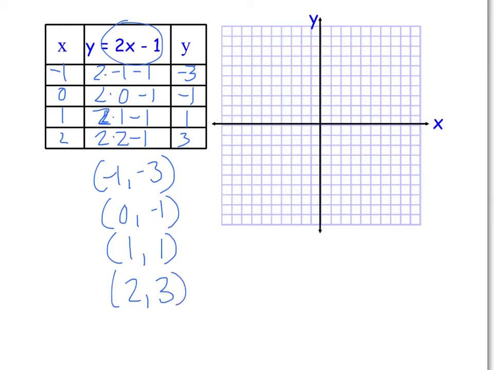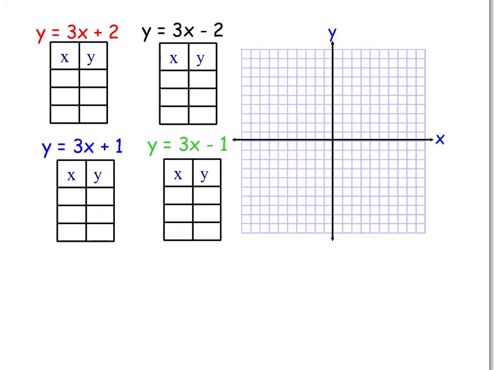So I'm going to put those on my graph. (-1, -3) is down here. (0, -1), (1, 1), and (2, 3). Okay, you can see those line up in a straight line. And make sure that your line has arrows on either end, because that means it's going to keep going in either direction.